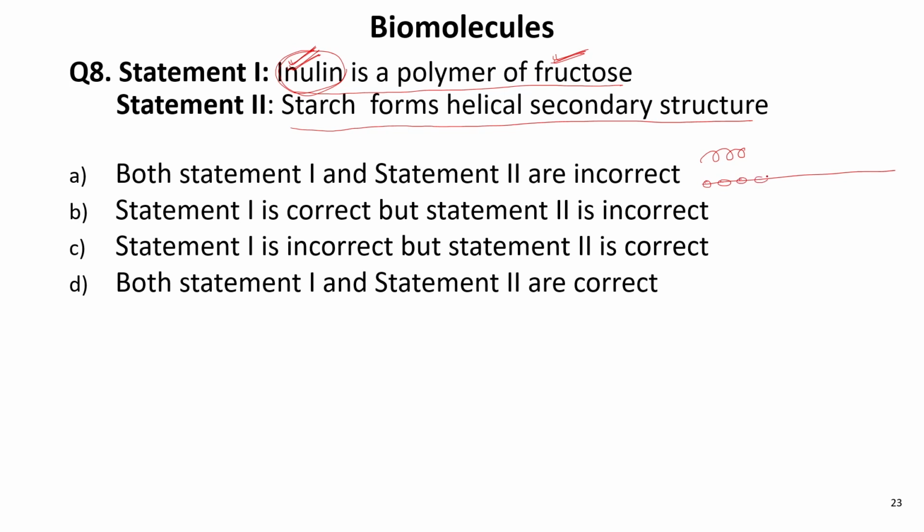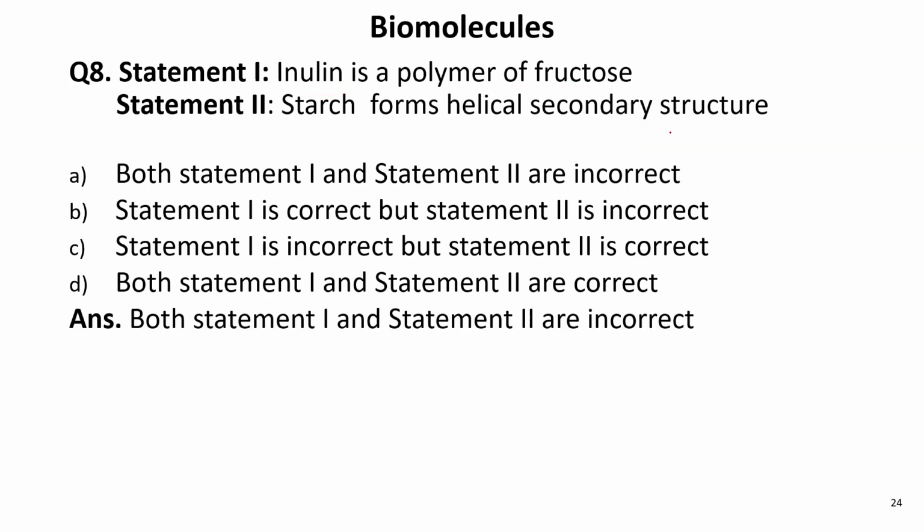Amino acids are linked with the peptide bond like this, but it forms a helical chain. Its primary structure forms the helical chain like this. Helix-like structure is formed. So here it is written secondary structure, but it forms this helical primary structure. It is the primary structure, not the secondary structure. So statement 2 is incorrect, whereas statement 1 is correct.